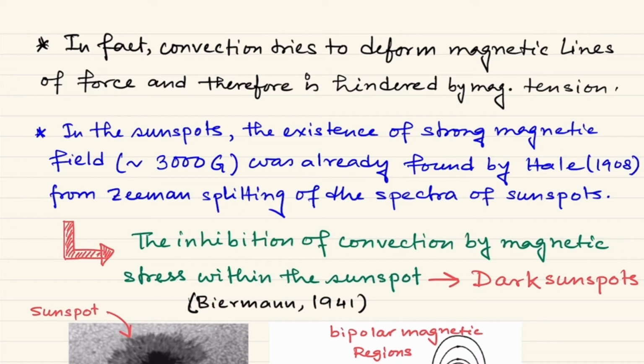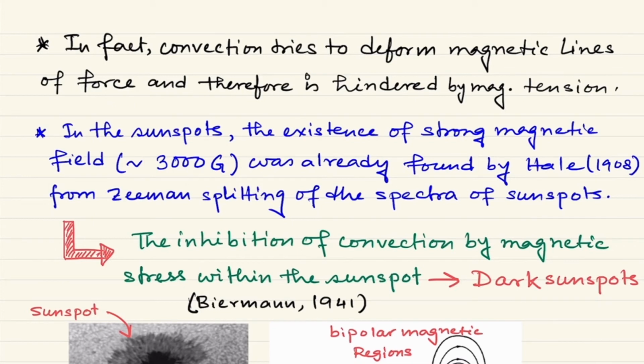Now why is this important? Because we all know that the sun contains dark spots on the surface and they are called sunspots. And one very popular question in space and astrophysics is why the sunspots are dark. So it is true that the sunspots are the place where you can see a very strong magnetic field of the order of 3000 Gauss.